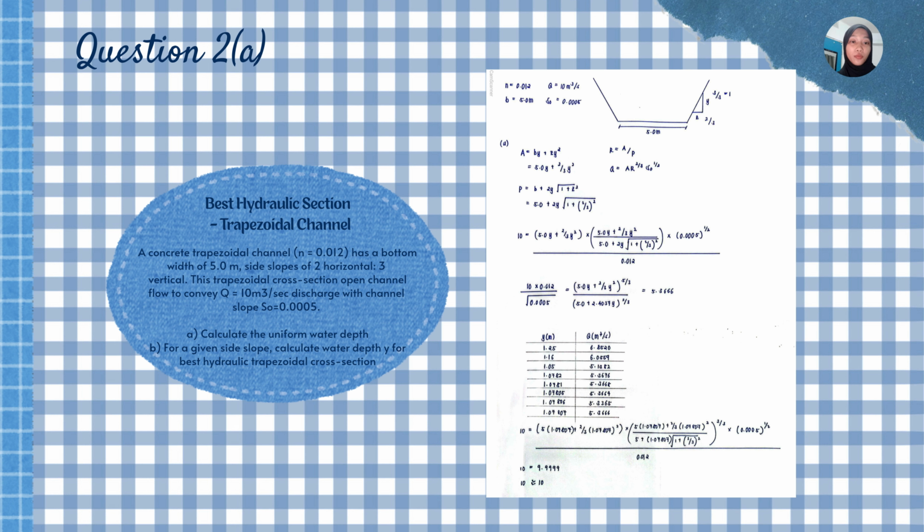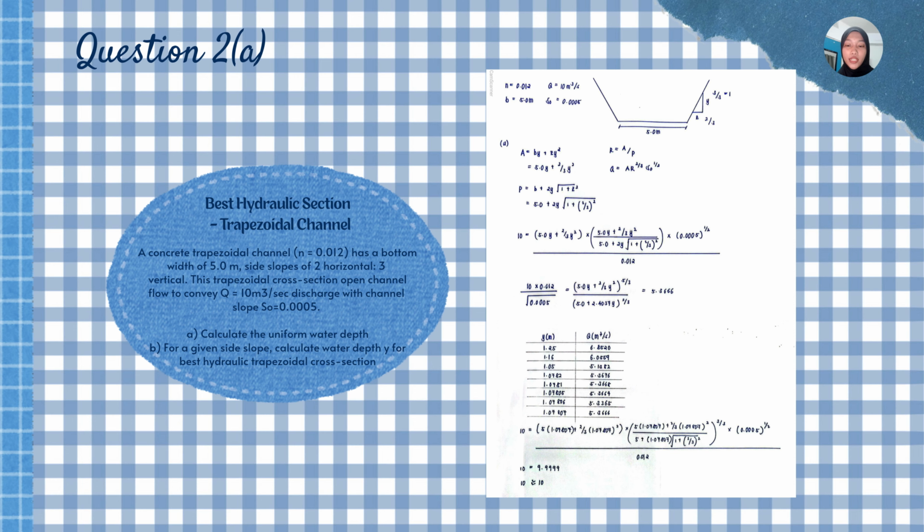Next, substitute both A and P into the Manning's equation. Since R equals A over P, the equation becomes 1 over 0.012 times A times (A over P) to the power of 2 over 3 times 0.0005 to the power of 1 over 2.